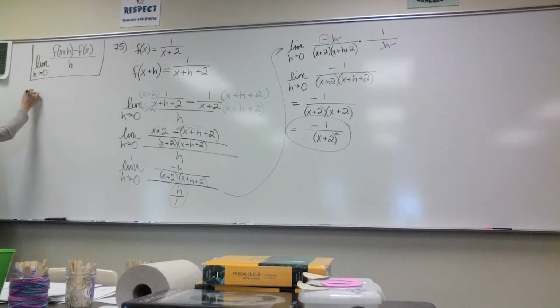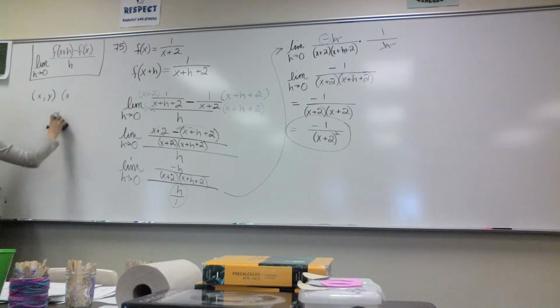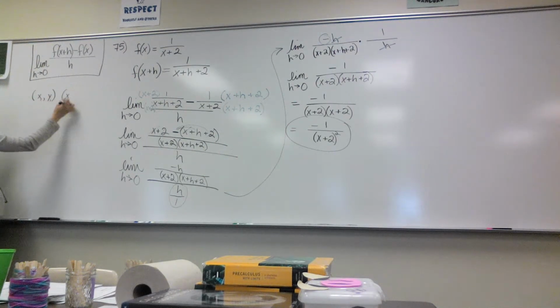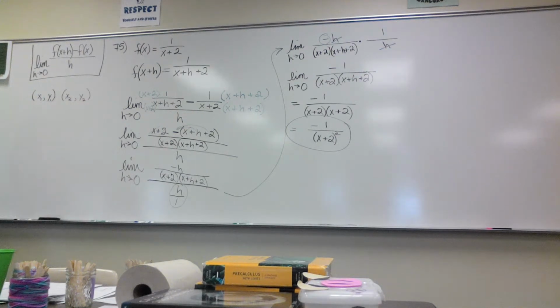If I have 2 points, and let's call them x1, y1, and x2, y2. We'll go back to what you're used to. How do I find the slope between those points?